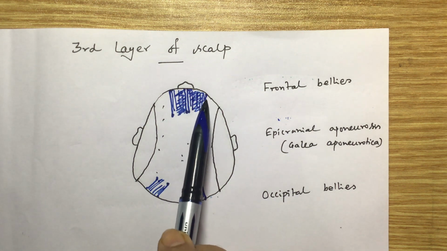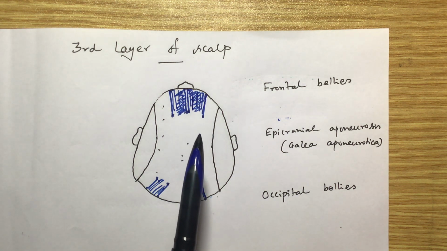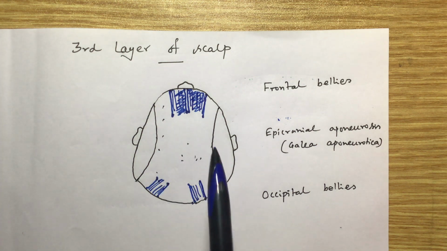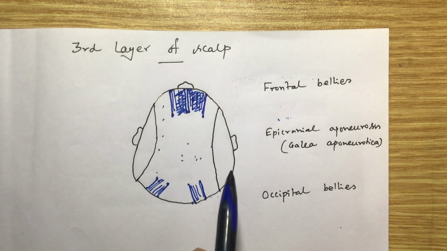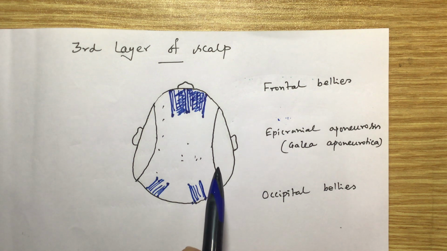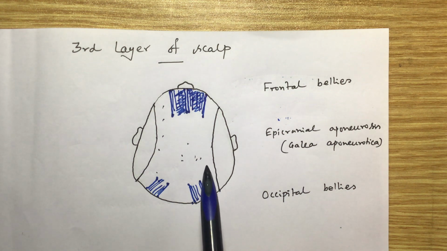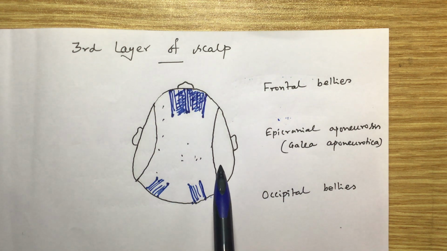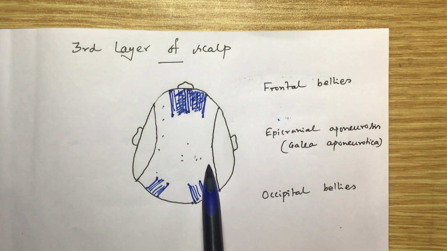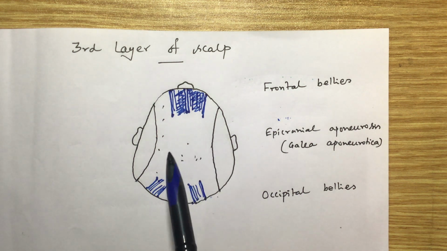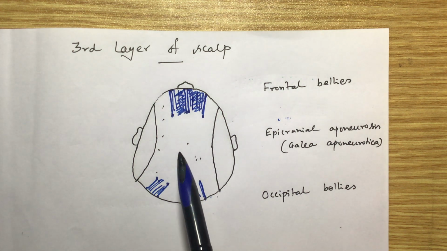Anteriorly, the frontal belly is attached with the skin and subcutaneous tissue around the eyebrow. The deeper fibers of the frontal belly are attached to a few muscles: procerus, corrugator supercilii, and orbicularis oculi.